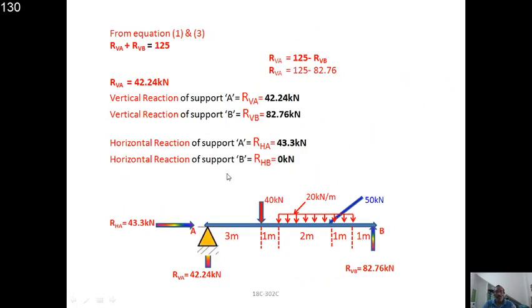After solving the three equations with three unknowns, you have to show them in the figure. So this is RVA 42.24 kilonewtons, RHA 43.3 kilonewtons, RVB 82.76 kilonewtons. So you need to show all these values systematically.